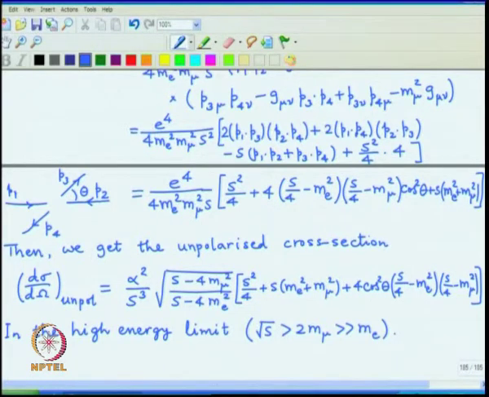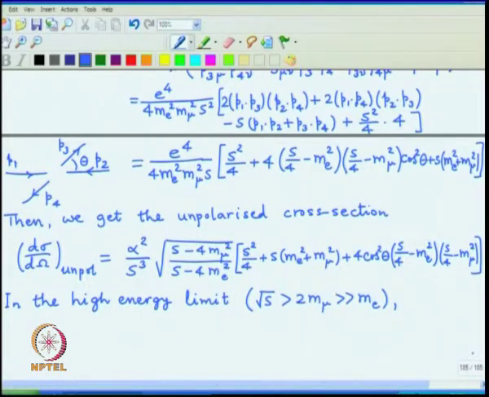So, it is good to keep the muon in the calculation, but drop the electron mass altogether to a very good approximation whenever the energy is larger than 2 mu to be able to produce a muon pair in the annihilation process.